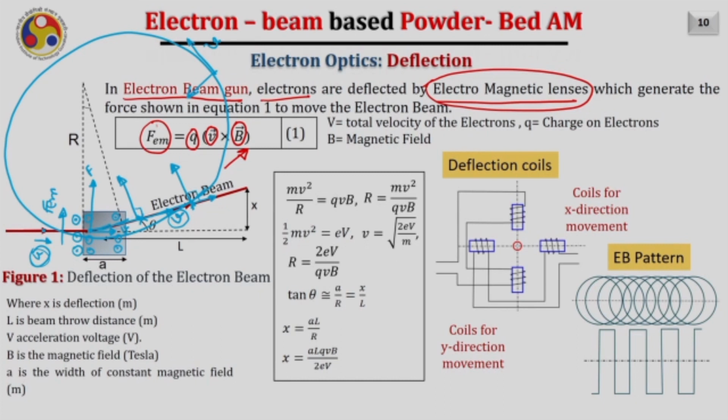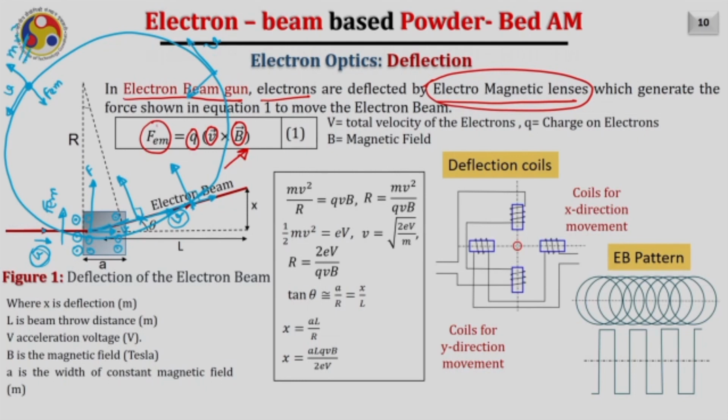Hence, as the electron is now moving on a circle, there will be two forces acting on the electron. Let me consider the particle here, and if this is the velocity of the particle v, of course there will be a perpendicular force F acting on it, and that is nothing but your electromagnetic force. Now there will be a force acting on the particle in the outward direction as it is moving on a circular trajectory, and that will be nothing but mv square upon r.